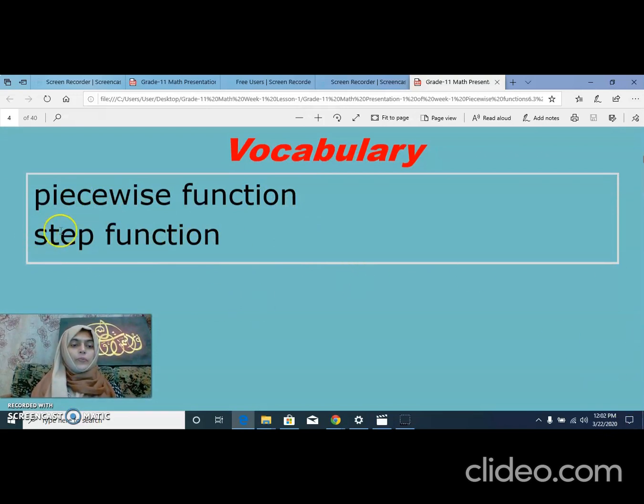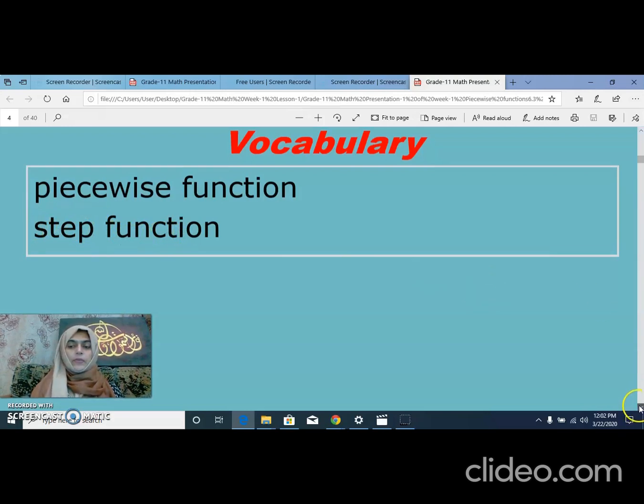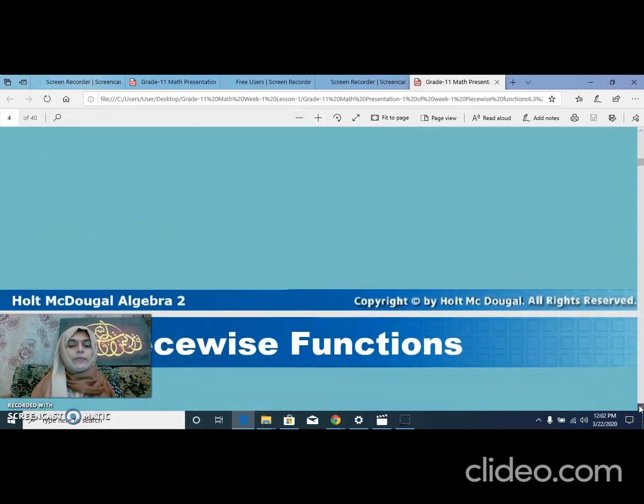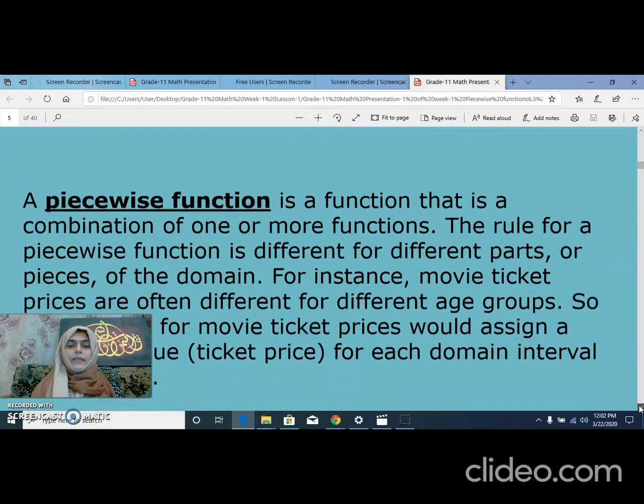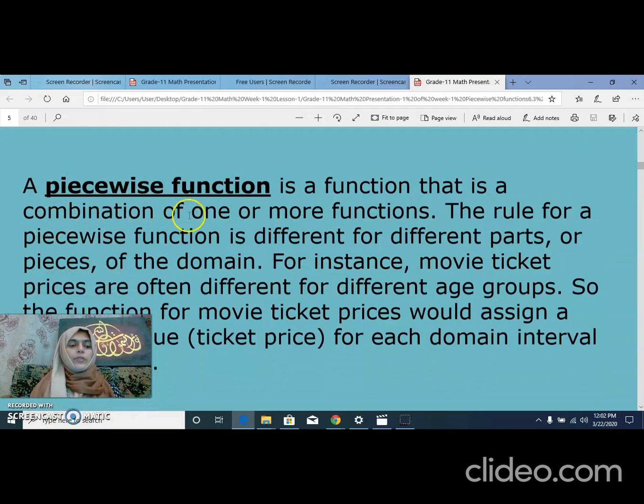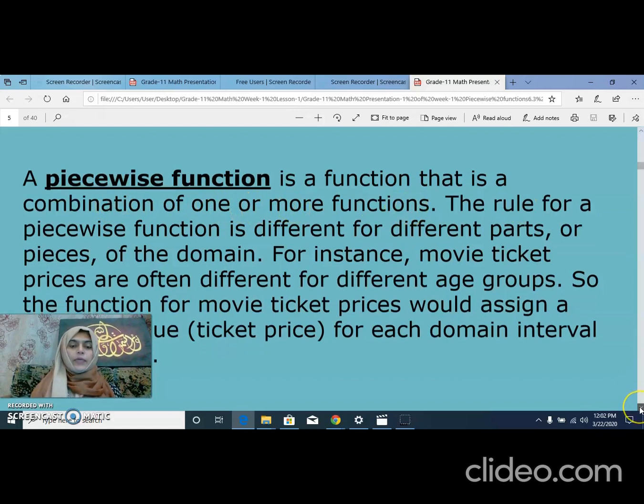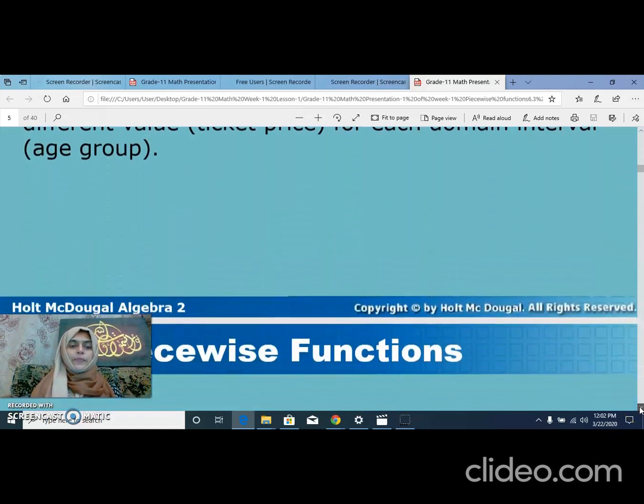I will show you what a step function is in the beginning itself. So if you read piecewise function, what it exactly means is just a combination, a combination of one or more functions. Let's have a look at what that means.